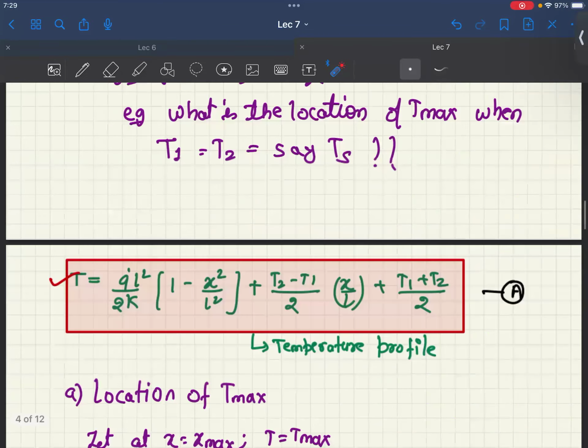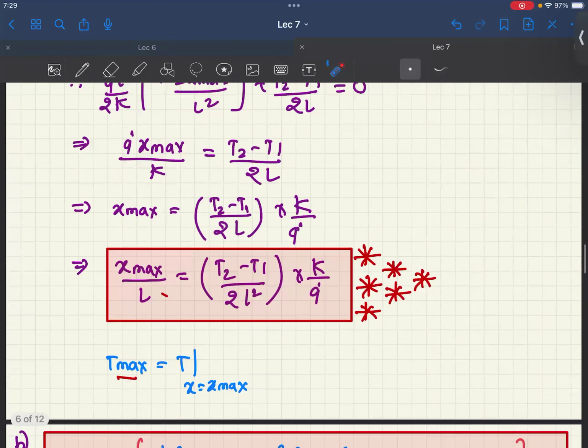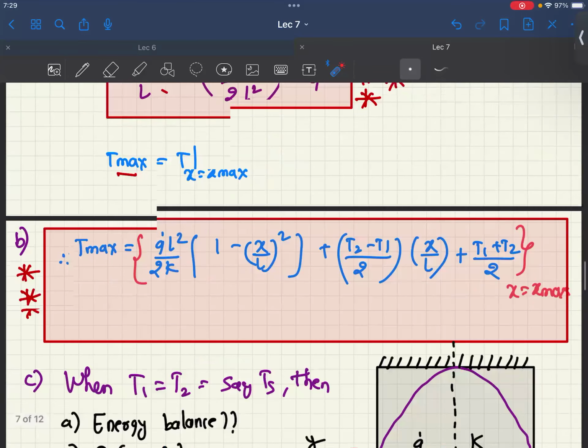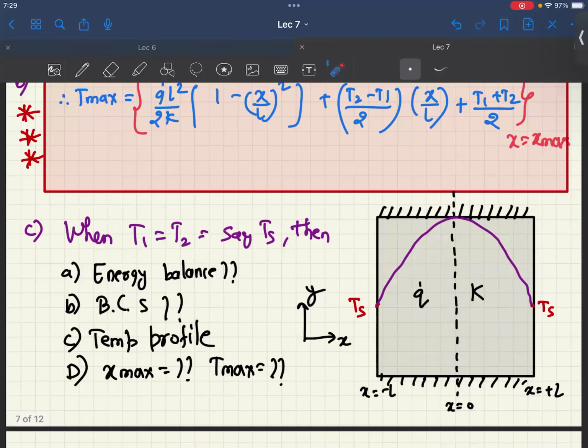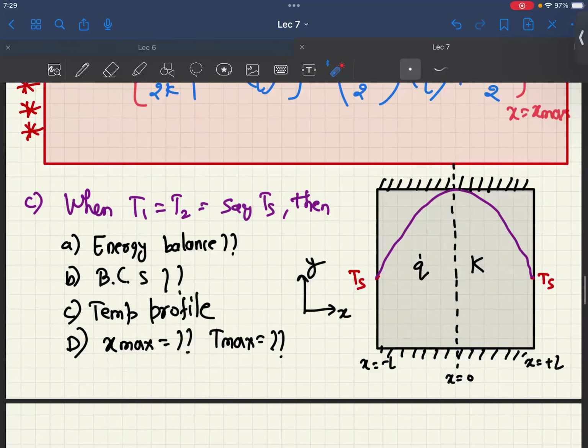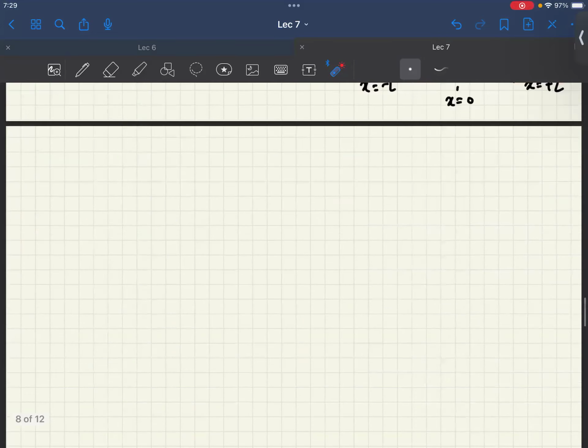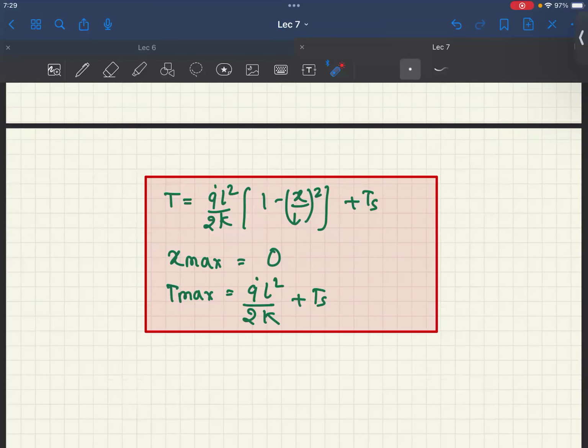In that case we just have to put T1 equal to T2, and all these complex expressions nullify, and we end up with a simple expression, which I am not going to derive. The temperature profile comes out to be T is equal to q dot L square by 2k. This is the simple expression which we end up with, and the location of x max, or the location where we have a maximum temperature, comes out to be at around x equal to 0.